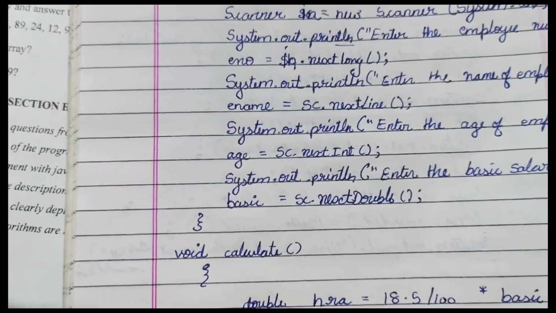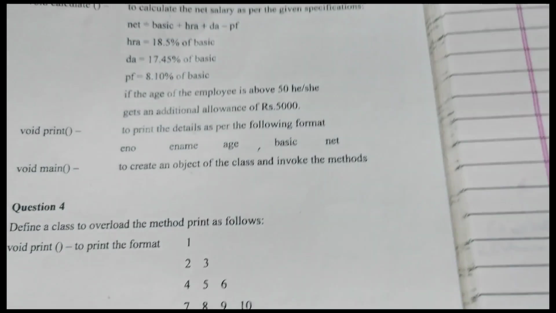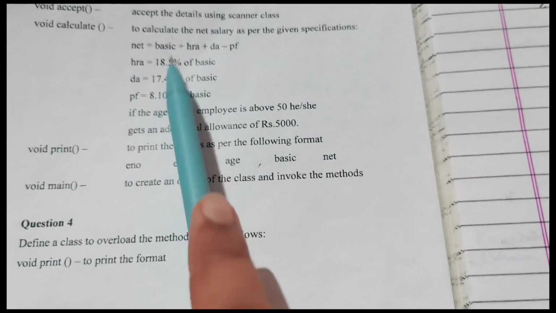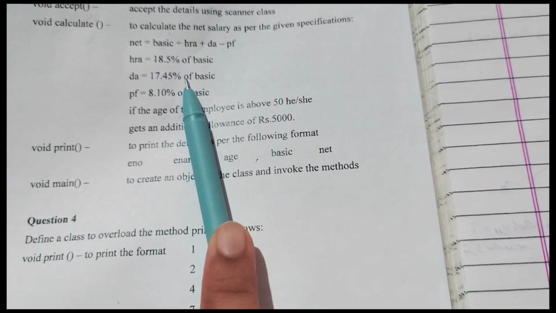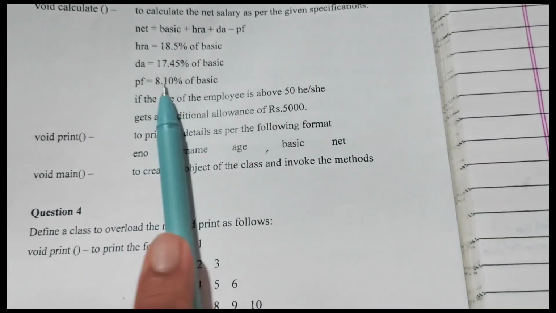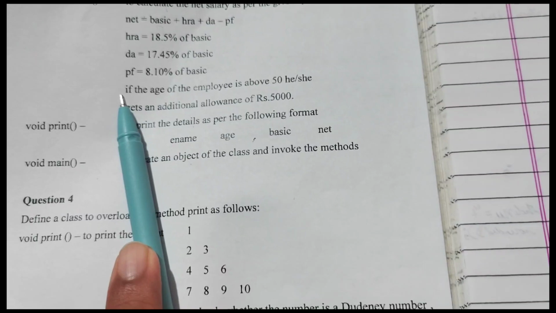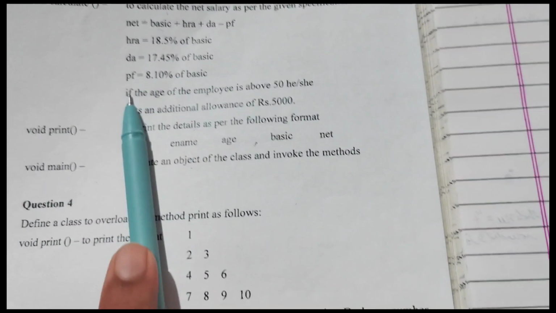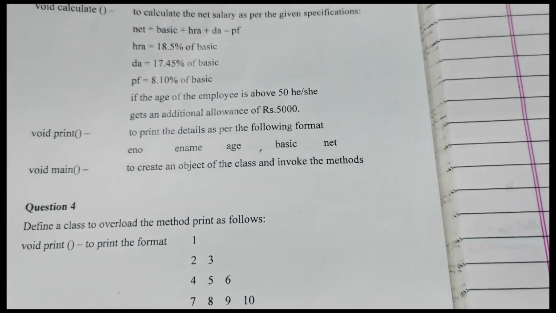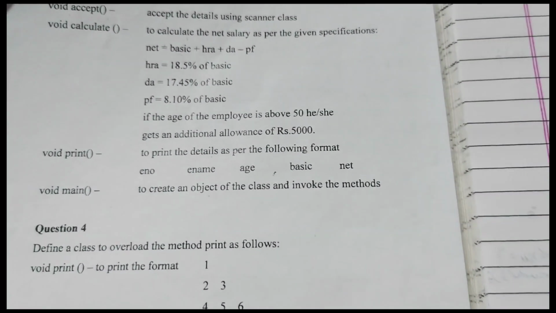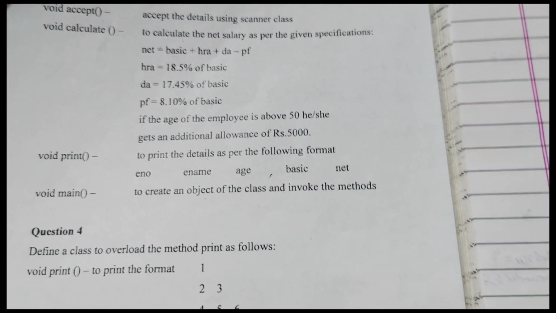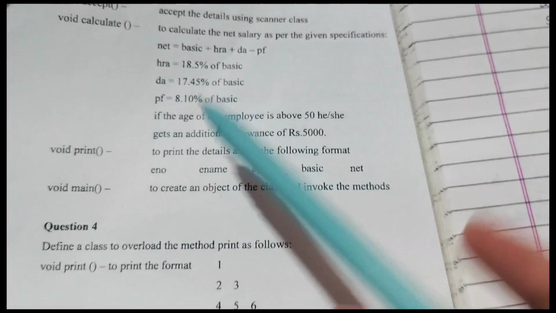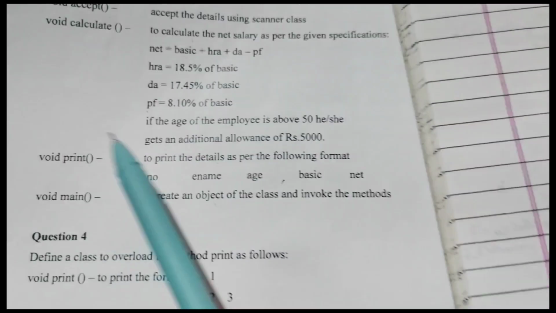Now let's come to the third part. The next is void calculate. Here they have given all these, and there is an if statement. Be sure, if is given, so for the if statement we should be very particular and precise. Students always miss keywords such as if.